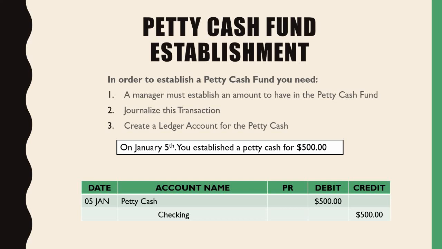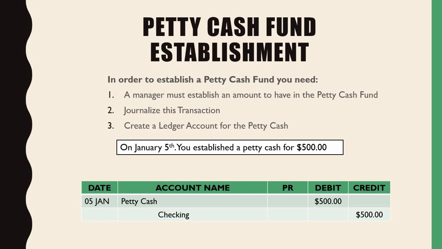It's also going to be with the owner of the company, that you want to set up a cash box for those minor expenses. Then you're going to assign somebody to have that, journalize the transaction, and then create the ledger account.